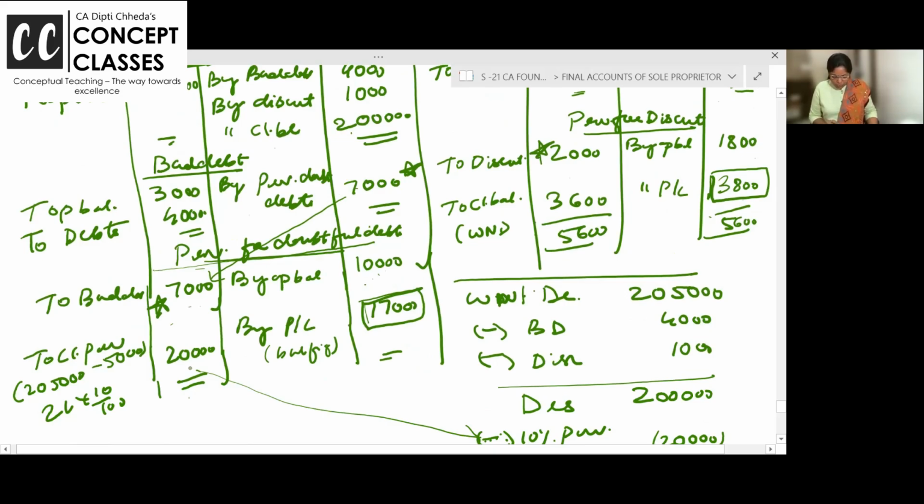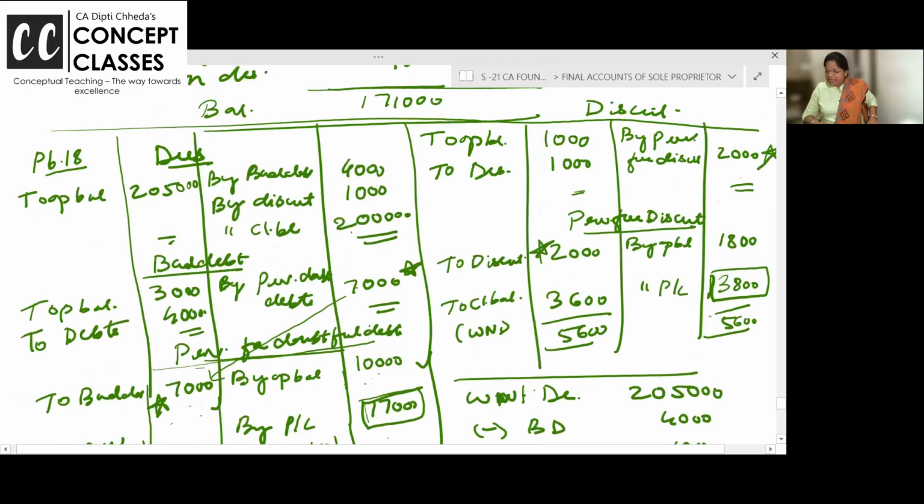Closing provision, you want 2 lakh data pay 10%, 20,000. Balancing figure P&L account debit to provision. Just create provision of 17. Why, ma'am? When you need 20 provision, why you are creating 17? Because 3,000 is already there. 3,000 is already excess. No?